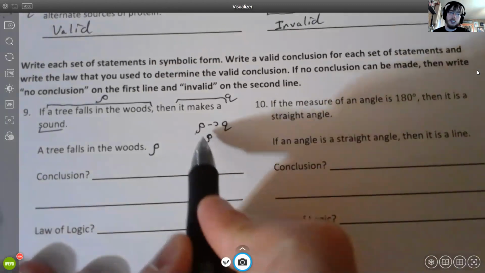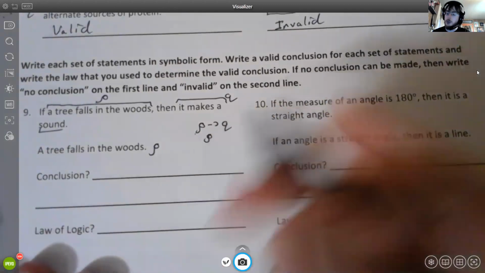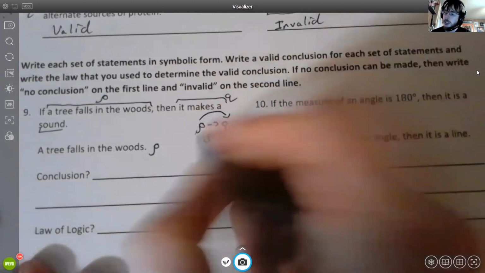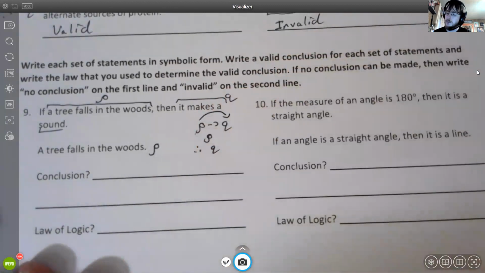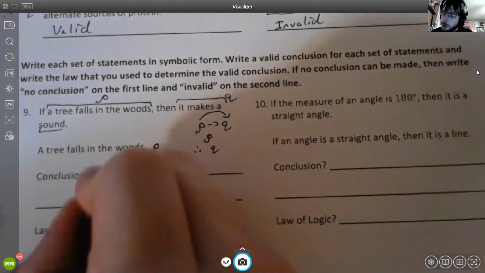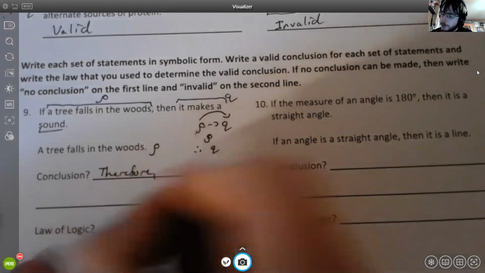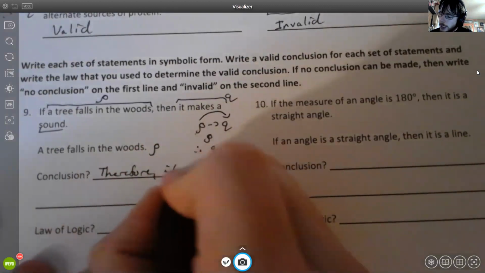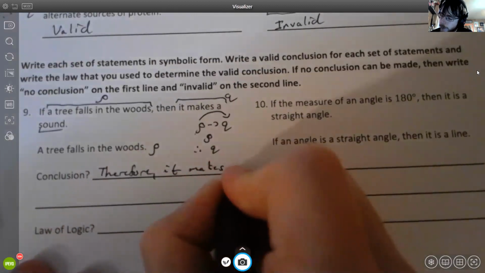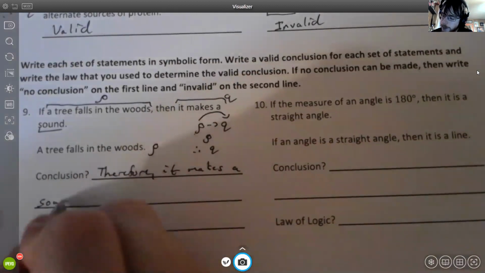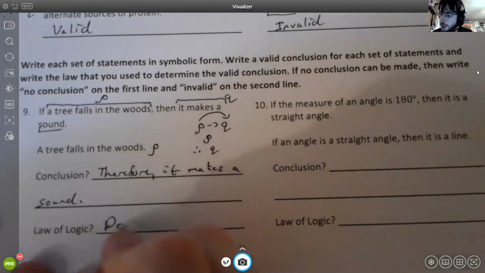And since this one has the hypothesis being true, we can work forward and say, therefore, Q is true. So our conclusion would be, therefore, it makes a sound, because that's what Q is. And our law of logic would be detachment.